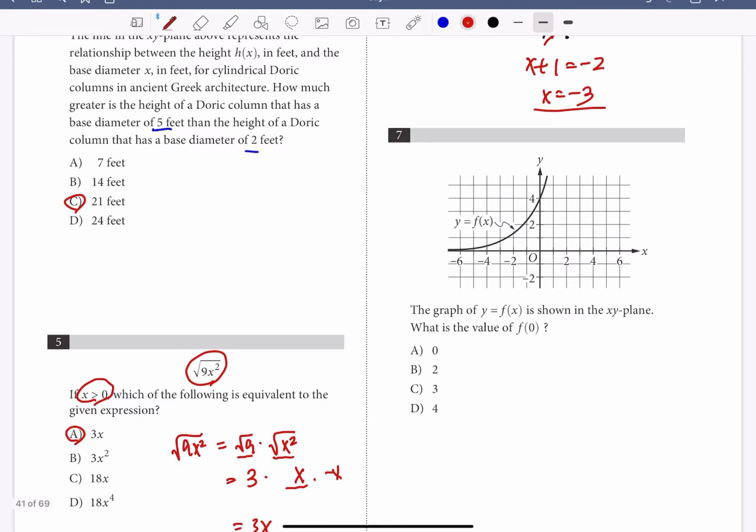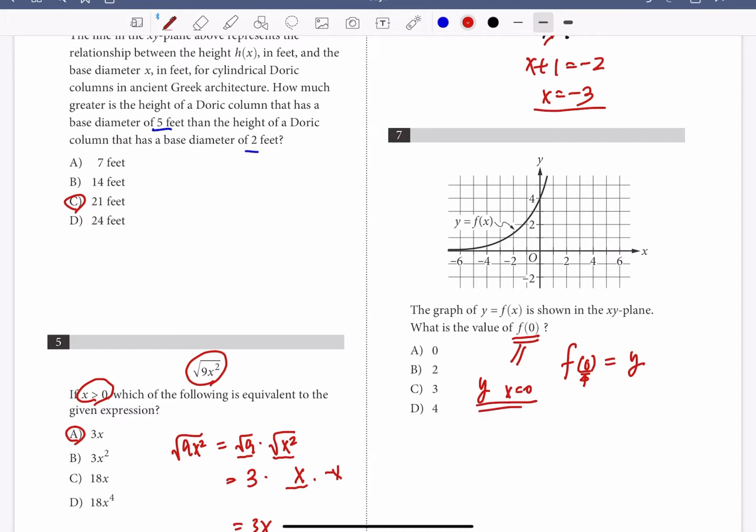Number 7. The graph of y equals f of x is shown in the xy plane. What is the value of f of 0? This is function notation. f of 0 means the y value. Function notation means the y value when x equals this, right? So this expression means the y value when x equals 0.